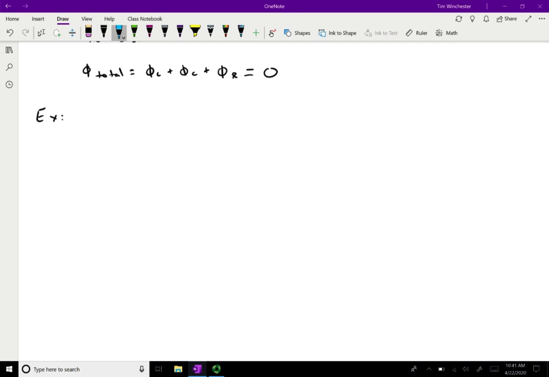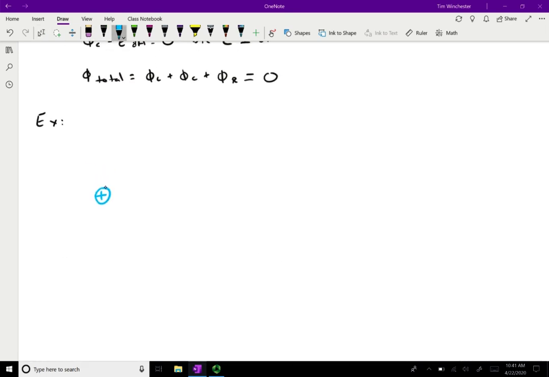In this case, let's consider one where we actually have a charge present. So I'll put a charge here, and then I'll draw some electric field lines like this. Again, we can draw any Gaussian surface that we want.